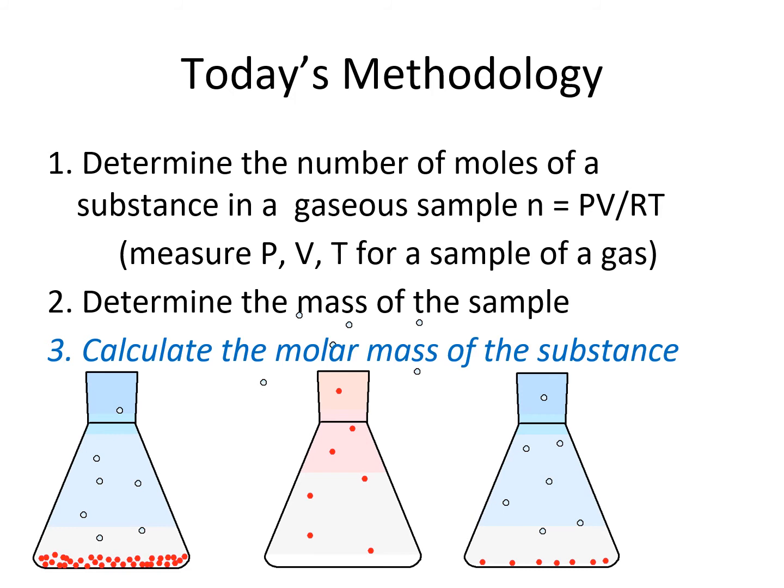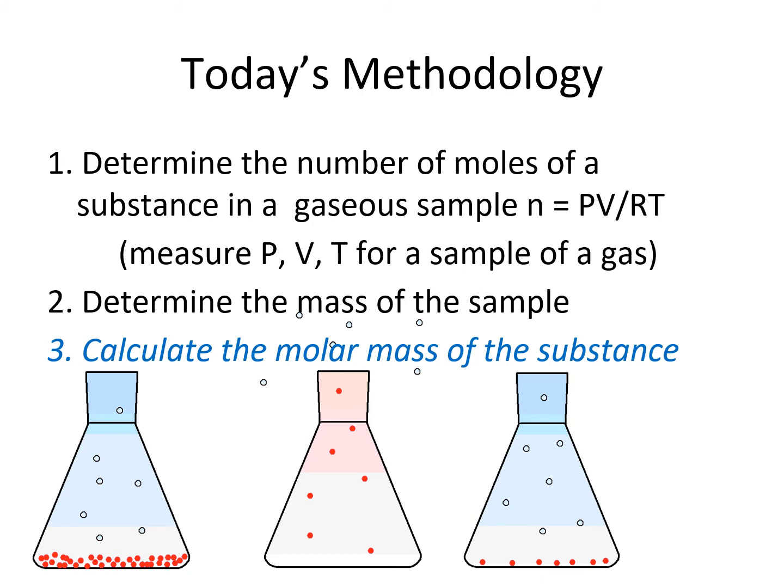You can easily measure the pressure, which is just the pressure in the room. Volume is going to be the volume of the entire flask. Then you have the ideal gas constant. And the temperature is going to be the temperature when the sample has fully vaporized.